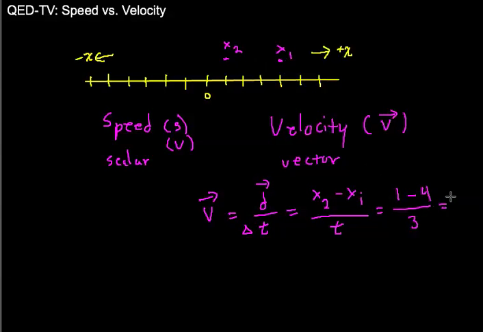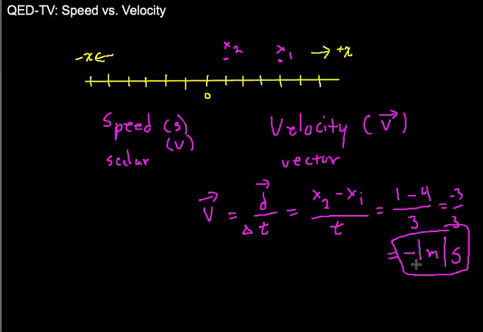So I end up with a -3 over 3, which equals -1 meters per second. Those are the units for velocity, meters per second. We're going a certain amount of meters in a certain amount of seconds.